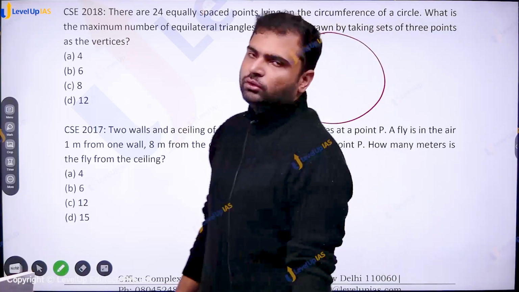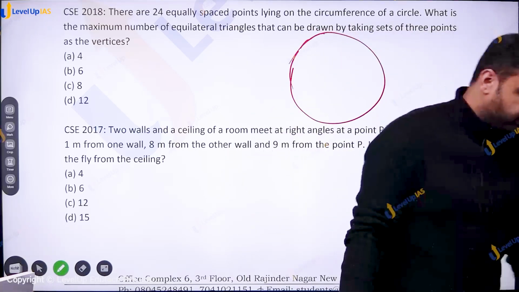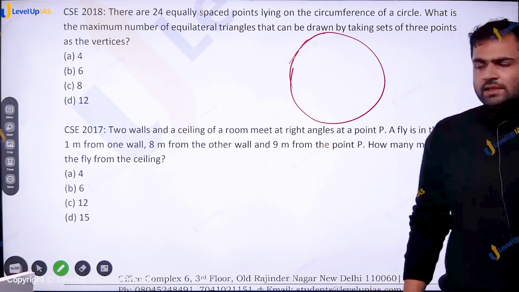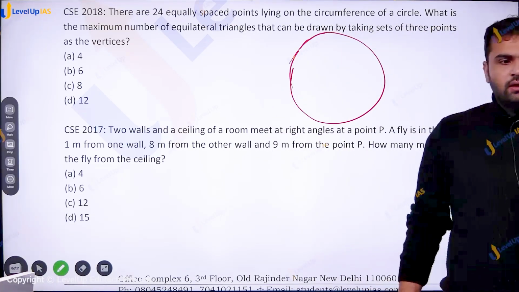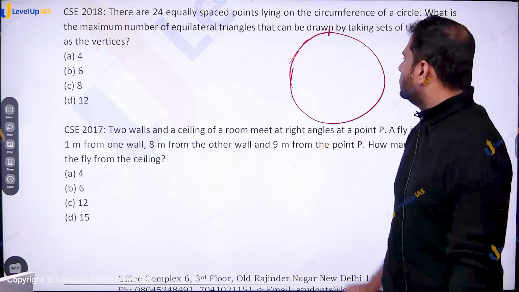Equilateral triangle, as we know, is one that has equal sides and all angles as 60 degrees. So out of 24, I choose any one.